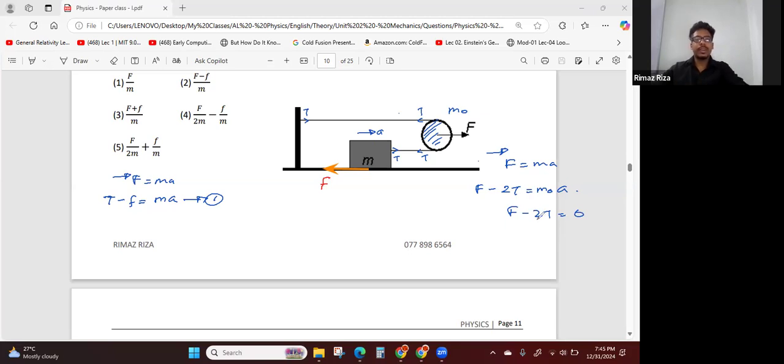Therefore 2T equals F, so T equals F over 2. We can substitute that here: F over 2 minus f equals mass times acceleration. You multiply by m, so to take it to the other side it becomes division. Therefore a equals F over 2m minus f over m. So the answer is the fourth option.